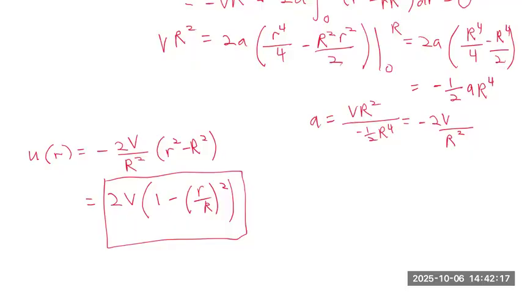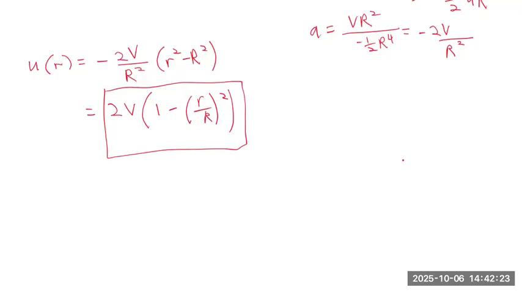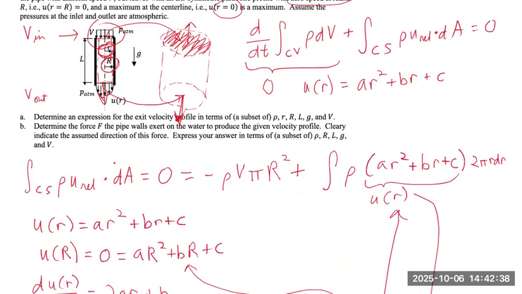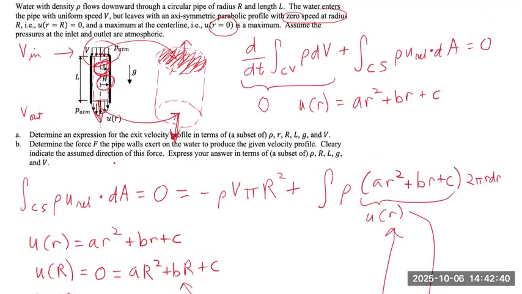Let's first write the governing equation. The governing equation for conservation of linear momentum is going to be d dt of the control volume. And we're actually evaluating it in the z direction since, let me see.